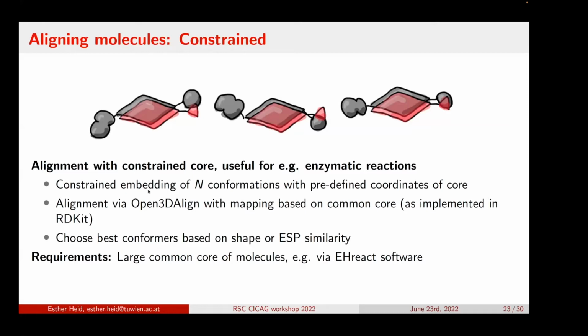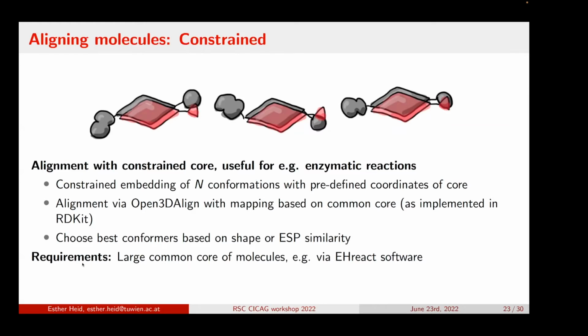And then we do a constraint embedding where we force these coordinates to be as close to the core as possible. They're not 100% the same, but they're pretty close. And then we again do a constraint alignment where we force these atoms to be on top of each other. And then we can choose the best conformers based on shape or ESP similarity, just as before.